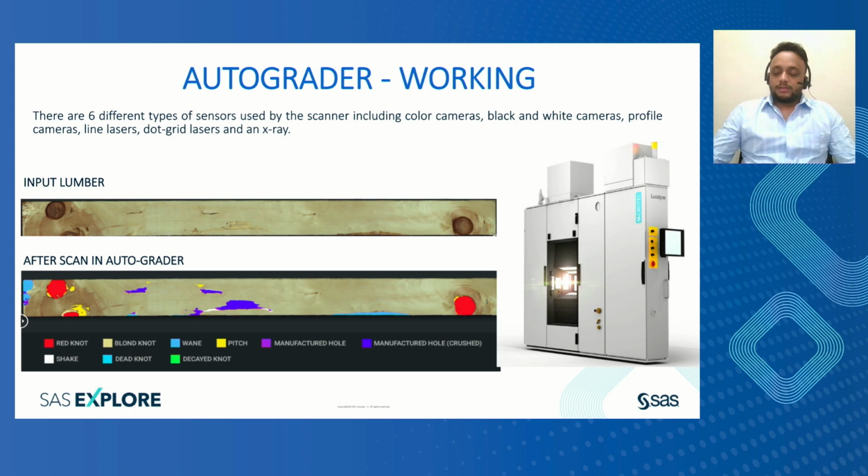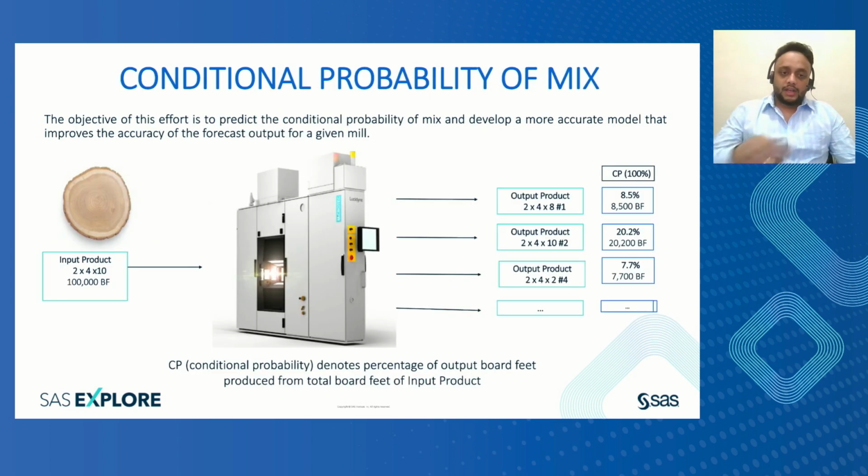If you see this particular slide, I was just explaining the conditional probability of mix. Conditional probability of mix is nothing but finding the exact combination of input and output lumber based upon particular dimensions.